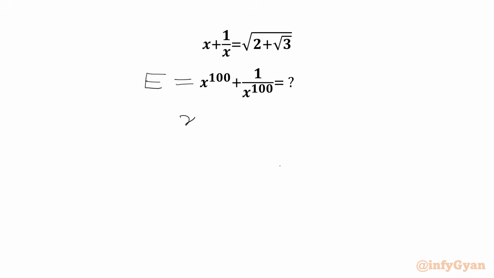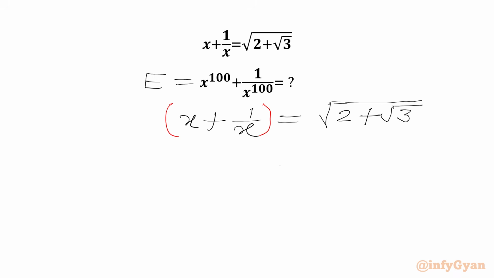Now we will write our equation x plus 1 over x equal to square root of 2 plus square root 3. We have a square root on the right hand side, so we'll be squaring both sides. So let us put power 2 on both the sides.